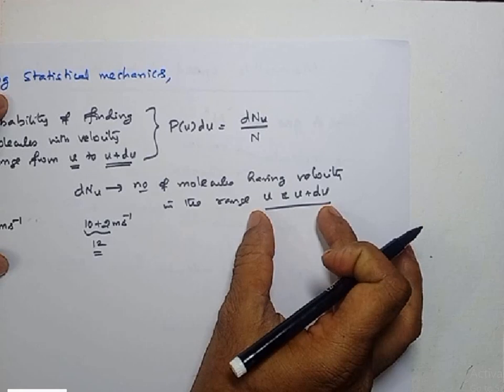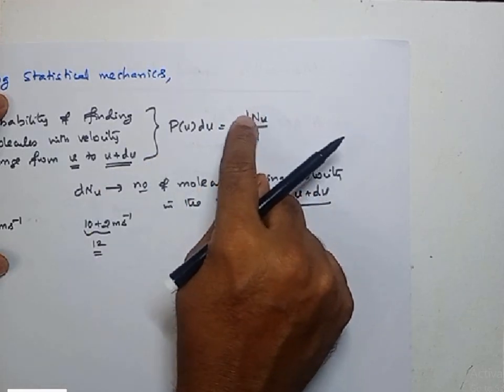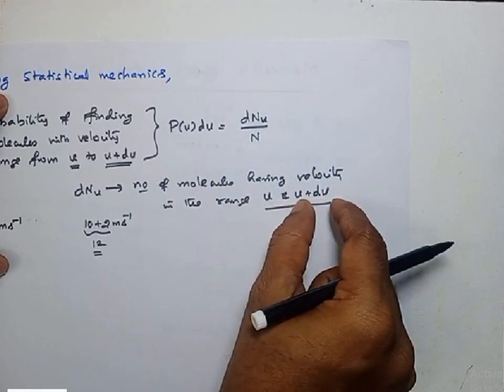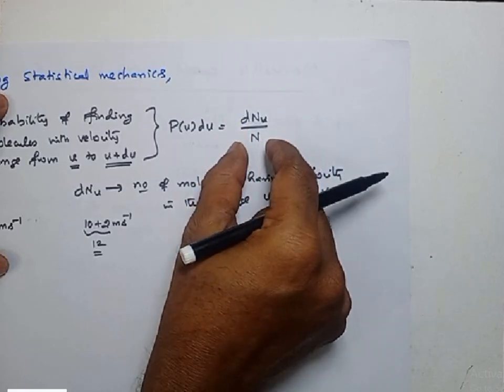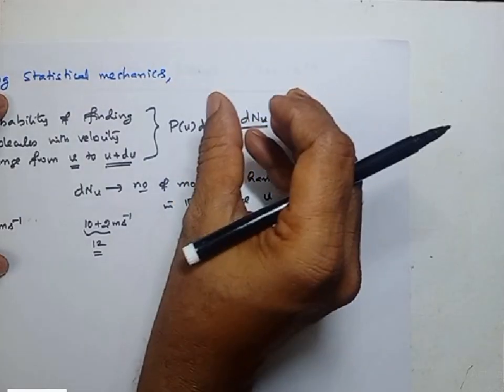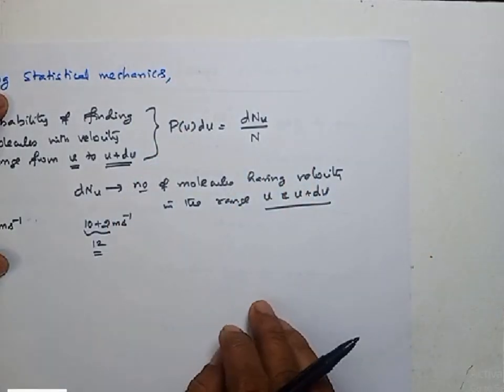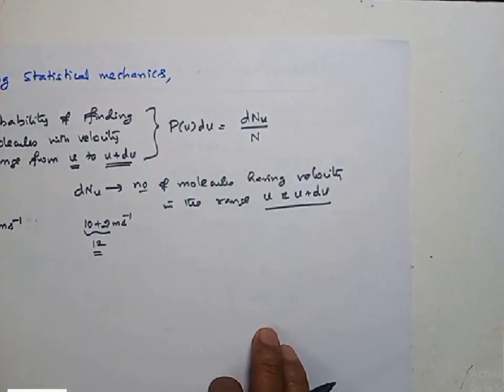In this range, how many molecules are there? That is dn_u. This is the number of molecules in the range du divided by N, where N is the total number of molecules. It will give you the fraction of molecules having velocity between u and u plus du.